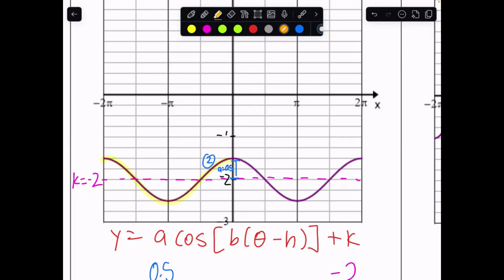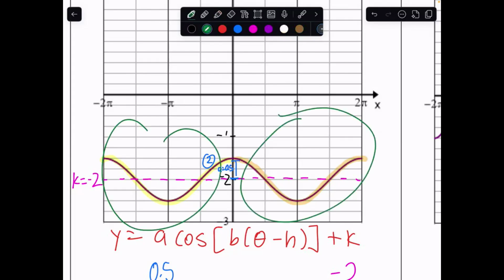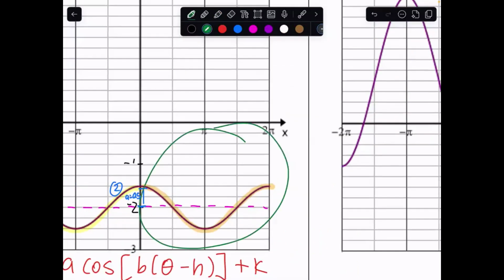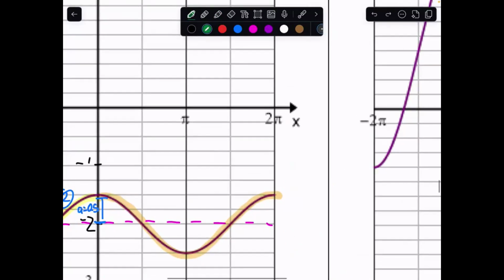And then here would be the second identical cycle. Okay, so each of those is 1 period. You can use either this one or that one. I would probably choose the one with the positive numbers. Okay, so this is 1 period. So to find the length, you just take the ending angle minus the starting angle.